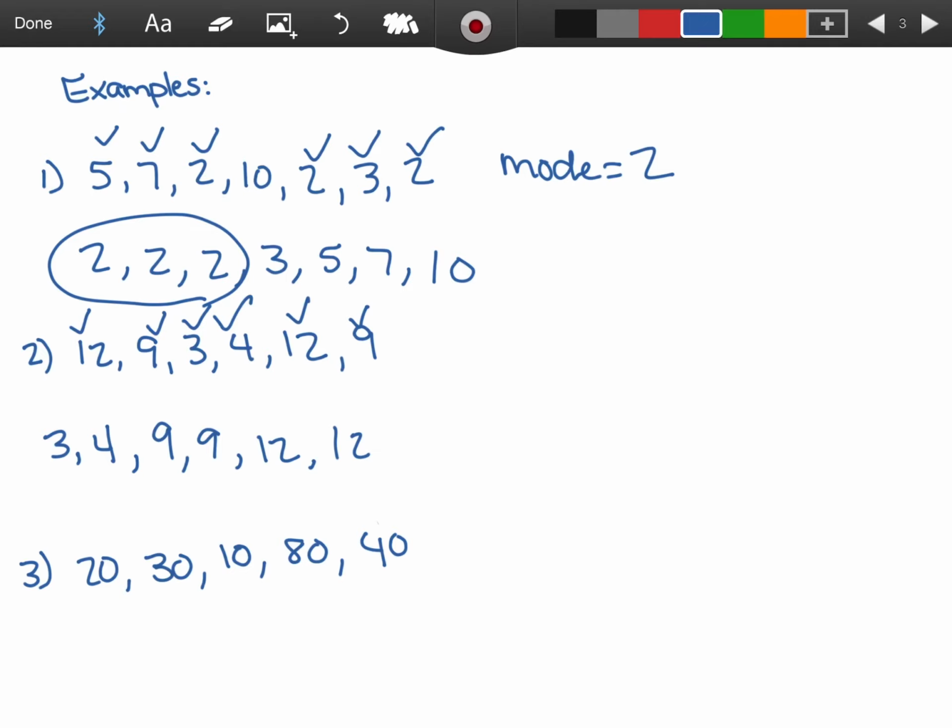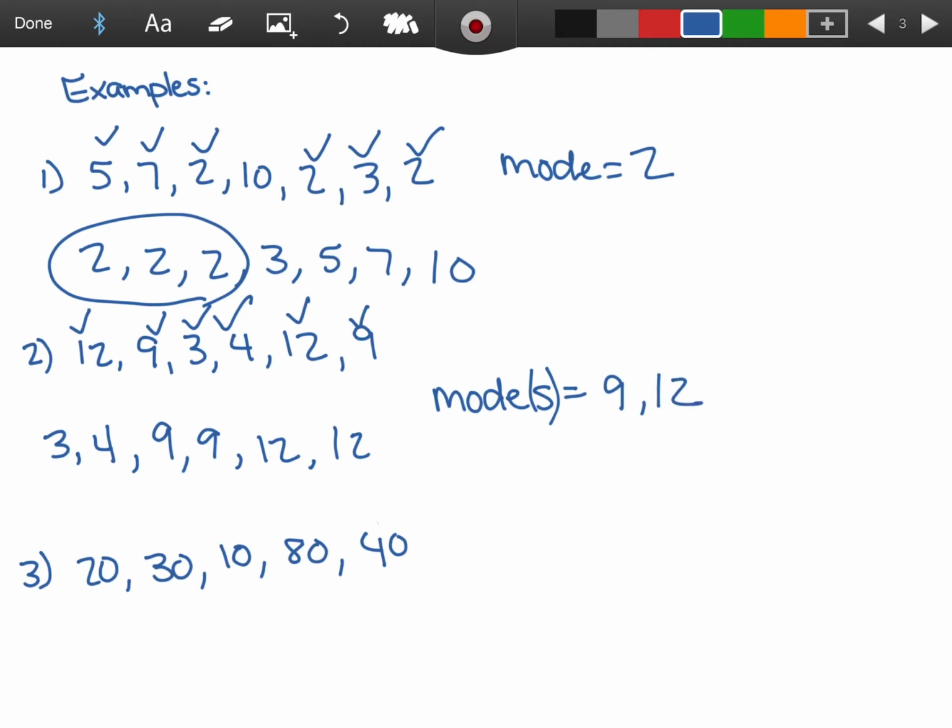And if you'll notice, for number 2, we have the number 9 and number 12 that both occur twice. So in this case, you have 2 modes. That is possible. You may only have 1, or you could have more than 1. In this case, we have 2. So the mode or modes of this set of data would be 9 and 12 because they both occur twice.